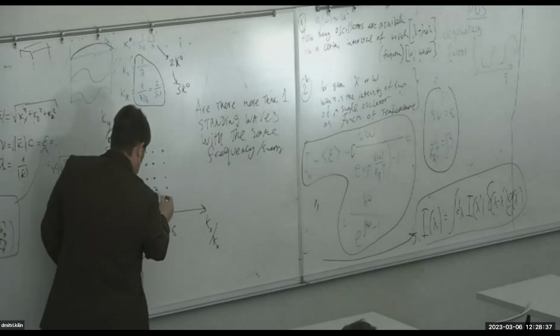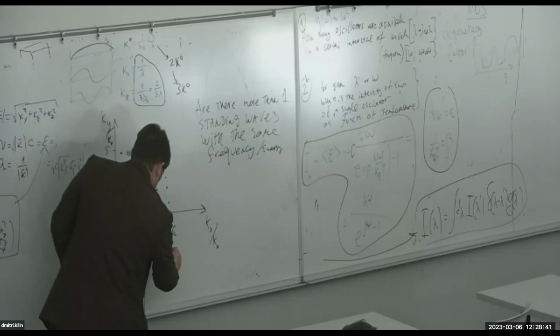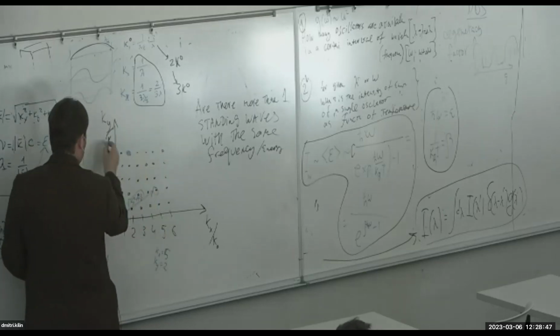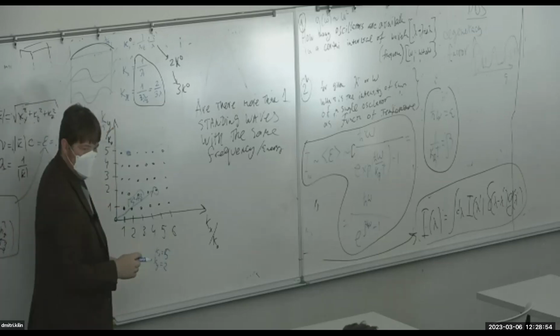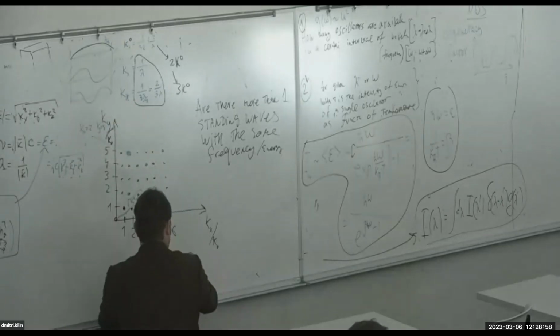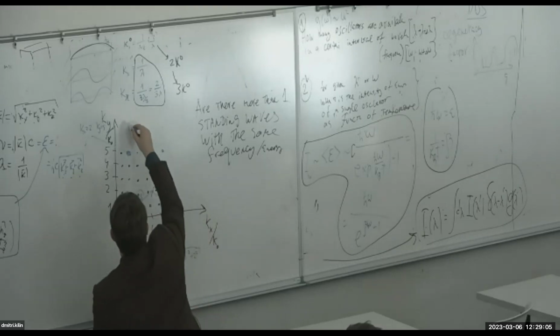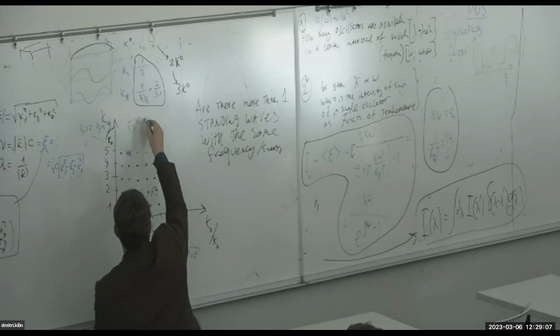So this one is kx equals 5, ky equals 2. Here, this one would be kx equals 2, ky equals 5. So if you practice the equation, the square root of 5 squared plus 2 squared, here it will be the square root of 2 squared plus 5 squared.